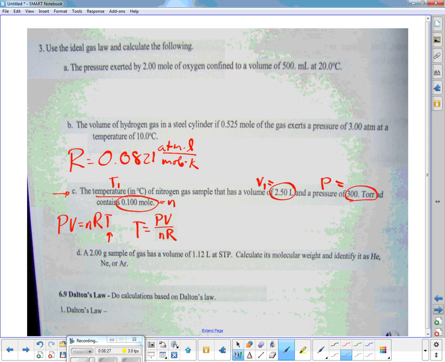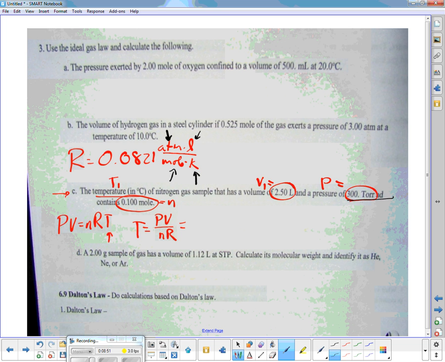Before I plug in, the ideal gas law tells me what unit each thing needs to be in. And if it's not in that unit, I need to get it in that unit before I use the ideal gas law. So pressure is not in atmospheres.